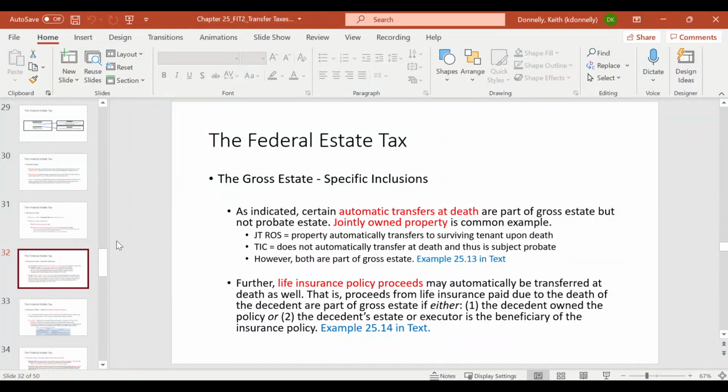A dies, and automatically B is going to get the full ownership in that property. So these items, while they're not included in the probate estate, are going to be part of the gross estate because they're property that, while not needing to be administered by the probate court, are part of that gross estate.